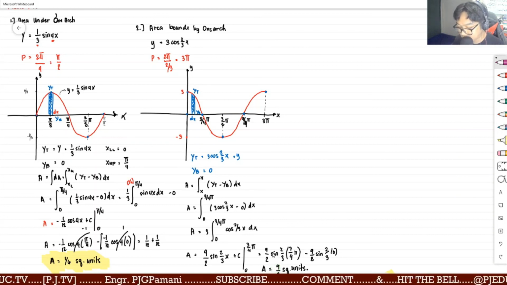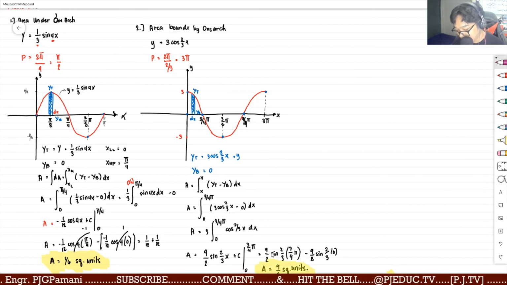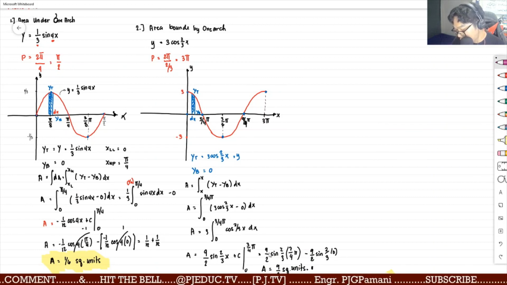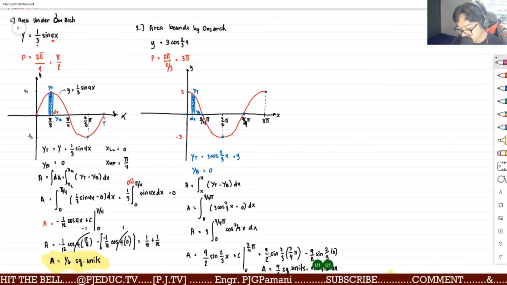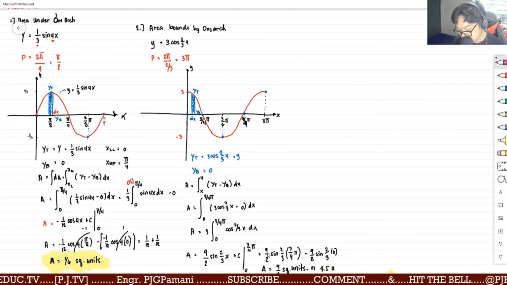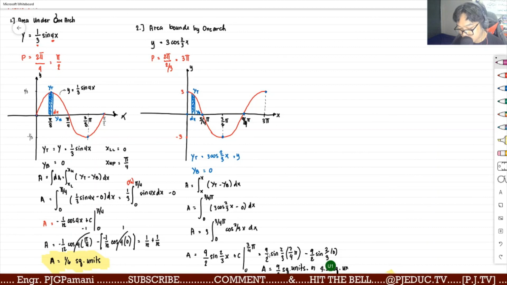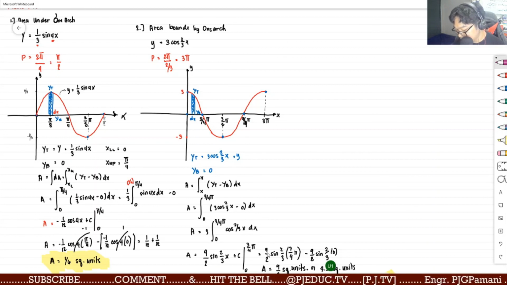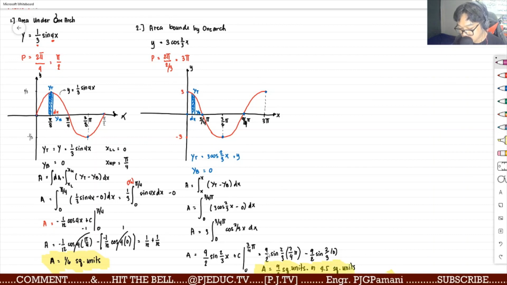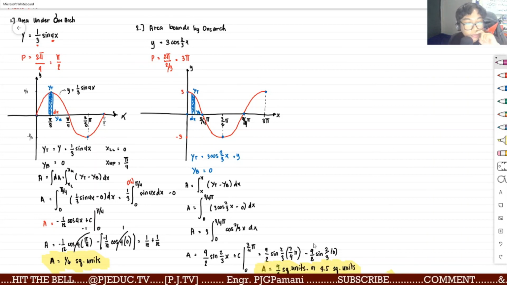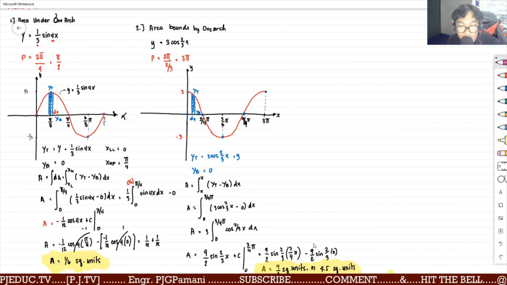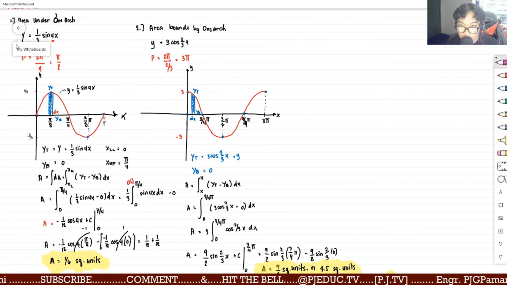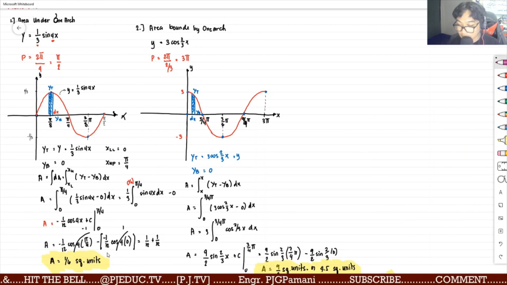Pero yung answer natin, dapat naka-fraction. Ay, area naman, okay lang natin decimal. 4.5 square units. So, area naman, so okay lang yan. Area bounded by the arch is simply 9/2 square units and 4.5 square units if we are considering cosine curve. And if it is a sine curve, this example, that is 1/6 square units.